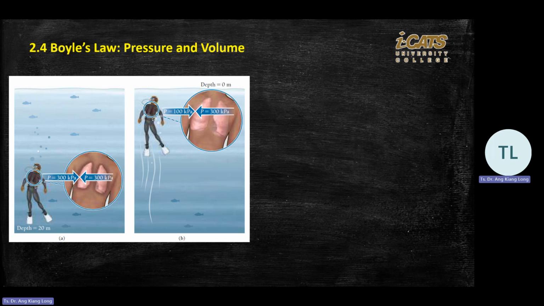The direction of the gas will go from 300 out to 100 kilopascal. So you imagine oxygen will go from your lung very fast to the atmosphere, to outside. You imagine the molecules of gases are very, very small. It will go out, which means it will hurt your vein and so on.